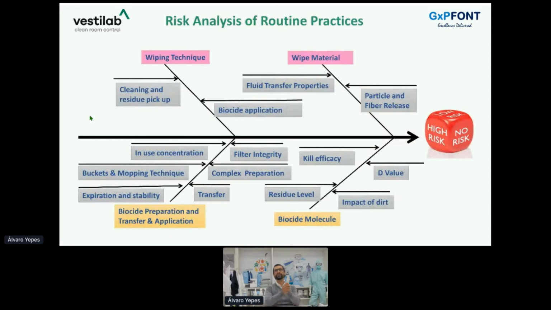Now we will move a little bit more into the detail of the risks that we want to evaluate, mainly in terms of the tools we use for wiping, either for cleaning purposes or for disinfection purposes. This Ishikawa diagram shows some of the aspects that we may want to consider in our holistic approach.